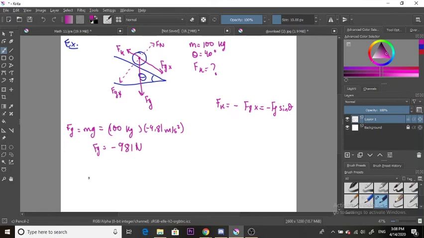Now let's find the force of kinetic friction. So negative Fg times the sine of our angle, so our angle is 40.